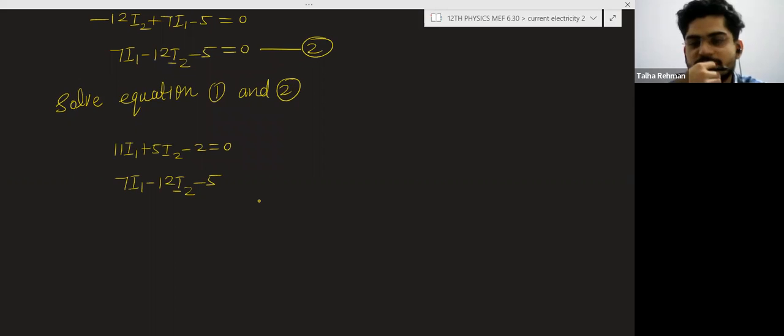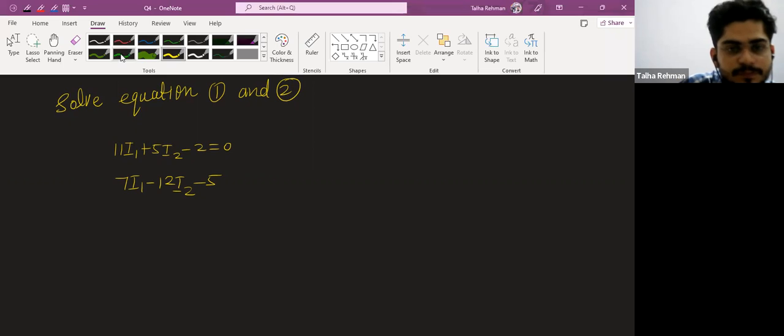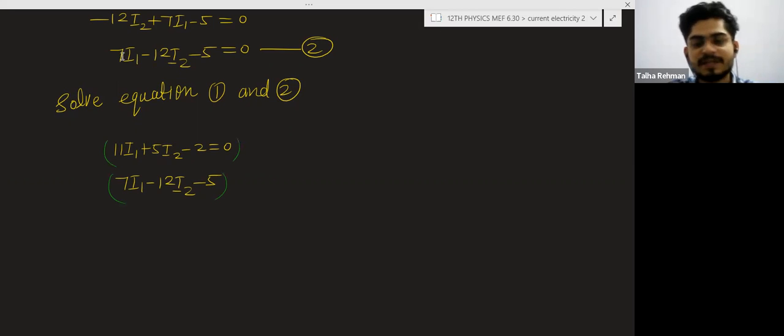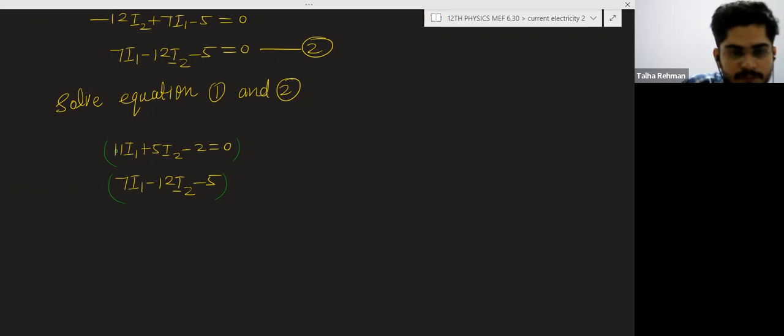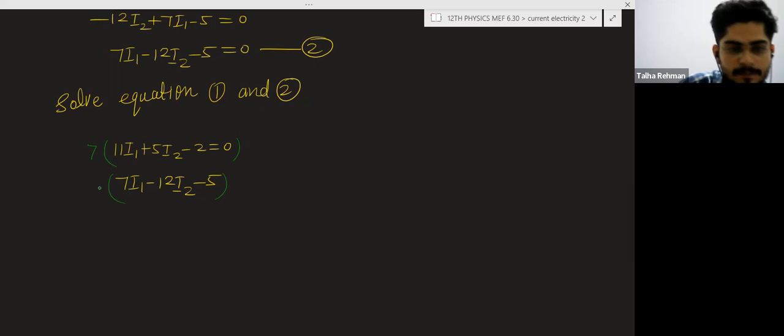This type of equation you can solve easily. In 10th class also you have solved these types of equations, so I am just reminding you what you have to do. You can cancel any of the variables, I1 or I2, from these equations. So you will multiply this 7, the coefficient of I1, to this equation, and the coefficient of I1 from this equation, that is 11, to this equation.